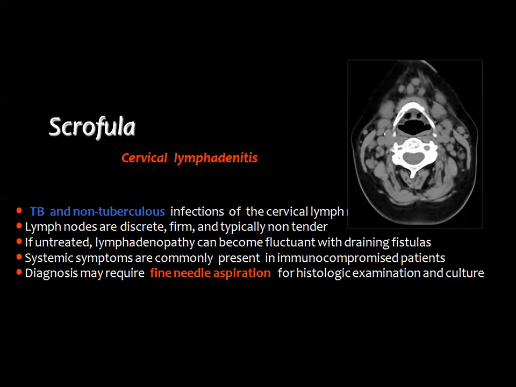Actually, the lymphadenopathy, if not treated, may extend into the surrounding soft tissues and may lead to fistula formation with the skin or with the neighboring structures. The behavior of lymphadenitis depends mainly on the immune status of the patient, and the complications are commonly seen in patients who are immune compromised.